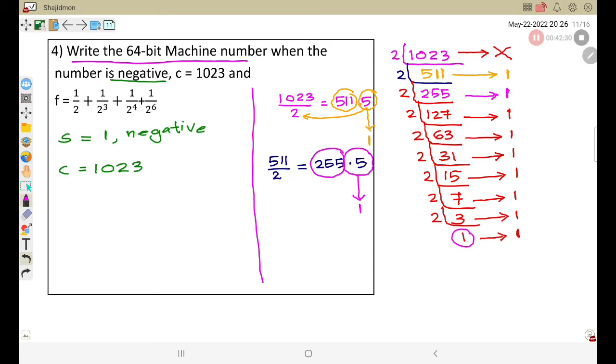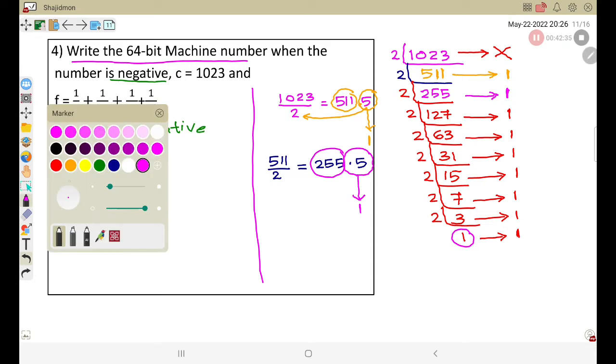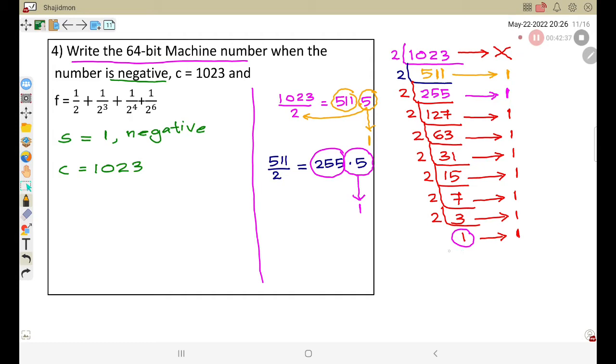Now we are writing the 11-bit number representing this 1023. So just start from here. Okay, this is the first number, not position, first number. This is second, third, 4, 5, 6, 7, 8, 9, 10.